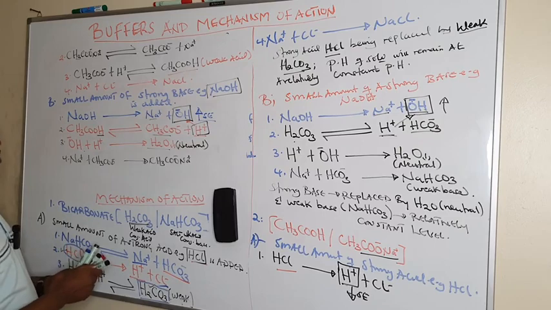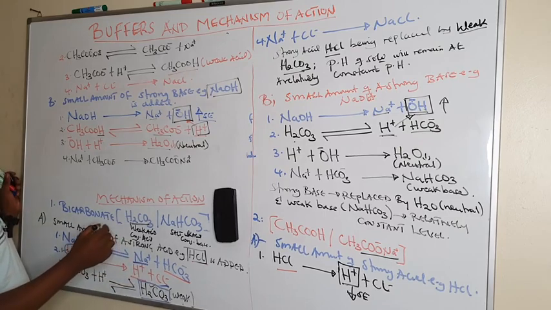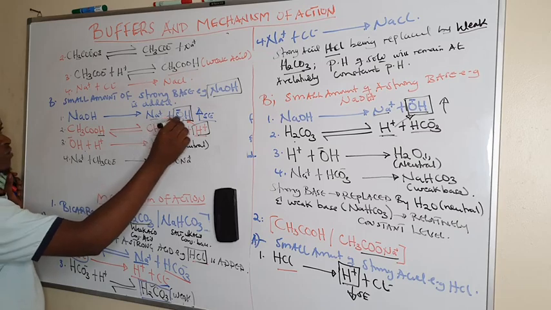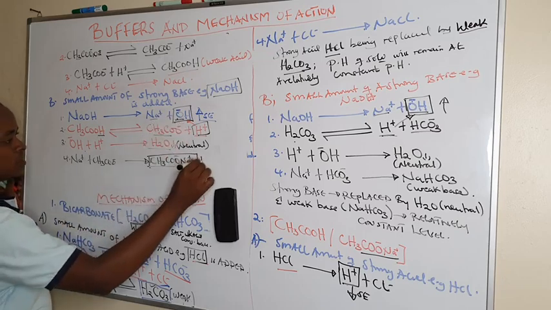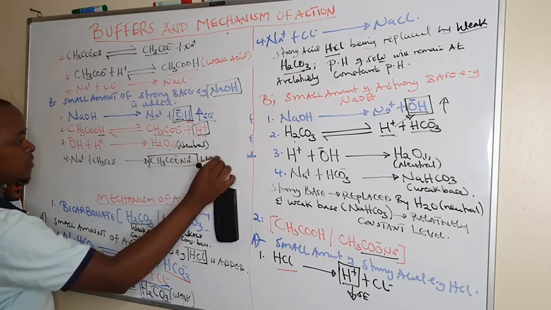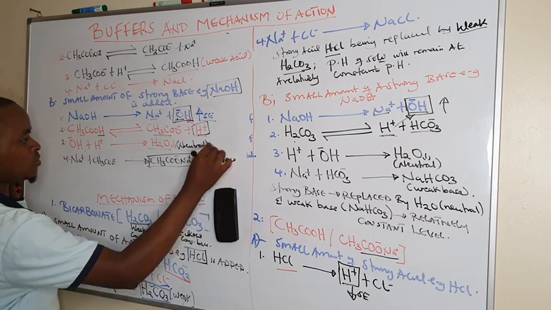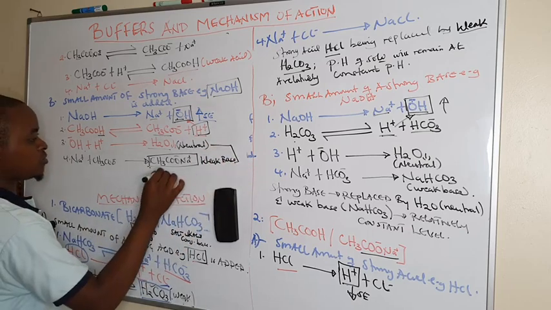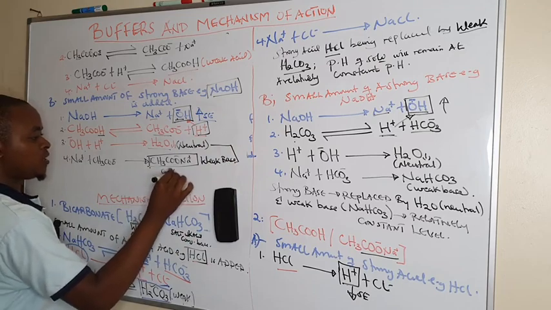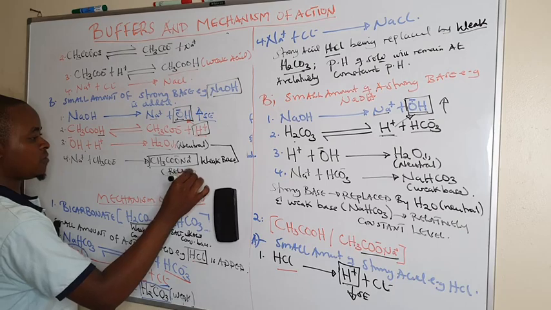Then also the strong base is replaced by the weak base. This is the weak base, and all these two, water which is neutral and the weak base, will be able to keep the pH at a relatively constant level.